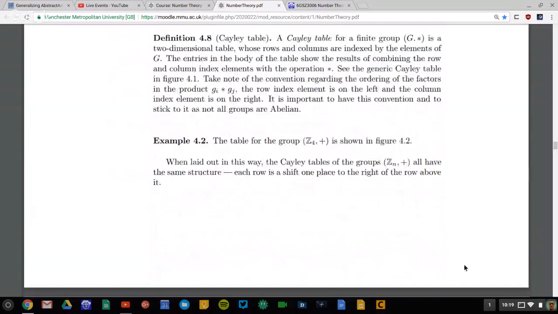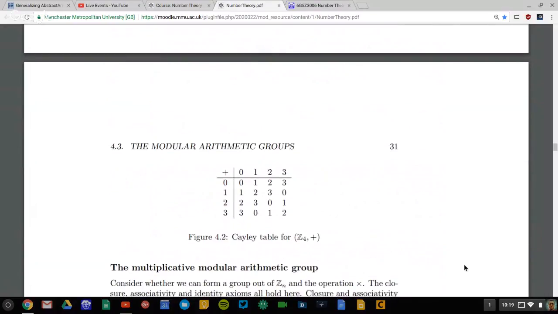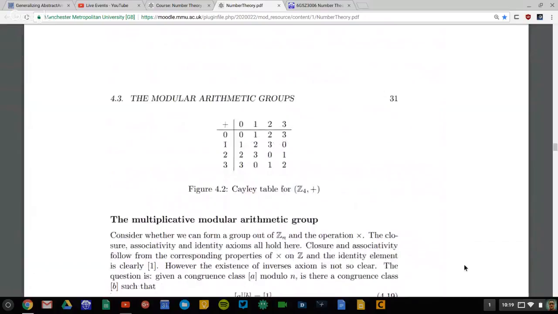Well, we can do something very similar for a group. This is what's known as a Cayley table. Cayley was a British mathematician associated with group theory, so his name is attached to these things, but it's simply the operation table for the operation on the set.